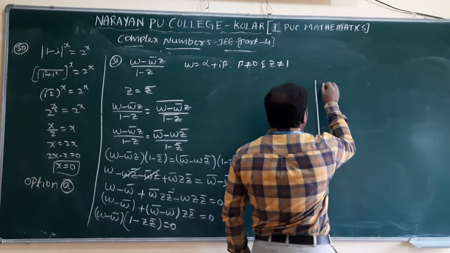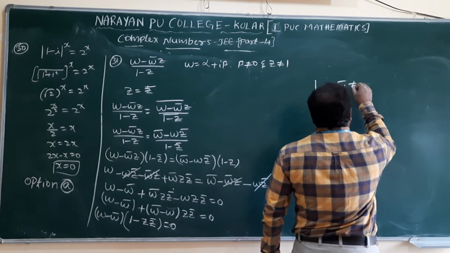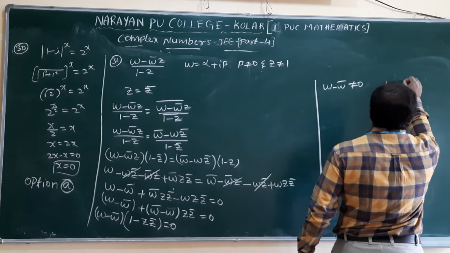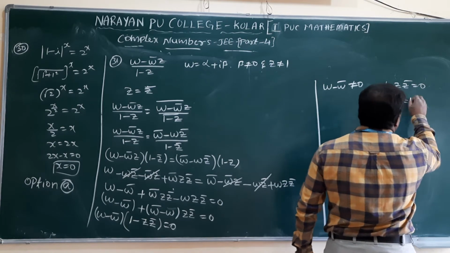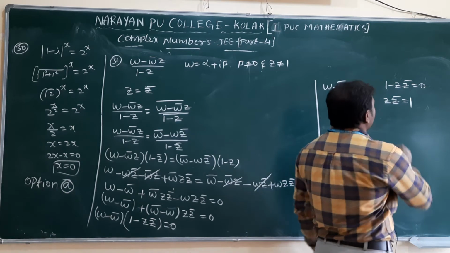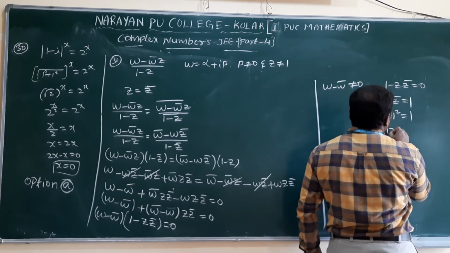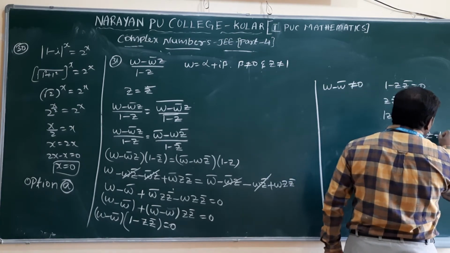Here ω − ω̄ is not equal to 0, we know clearly, so 1 − zz̄ = 0, and zz̄ = 1. We already know that zz̄ = |z|² = 1, so |z| = 1, but with the condition z is not equal to 1.